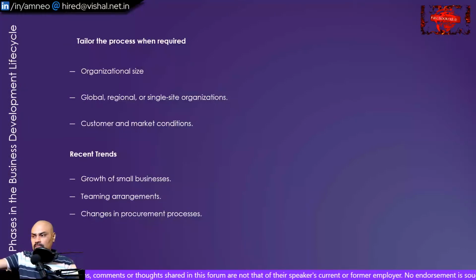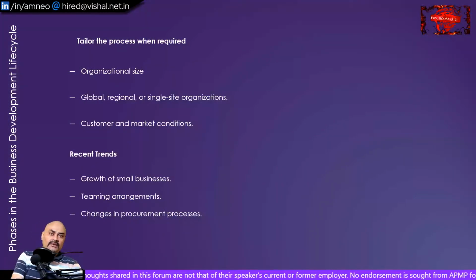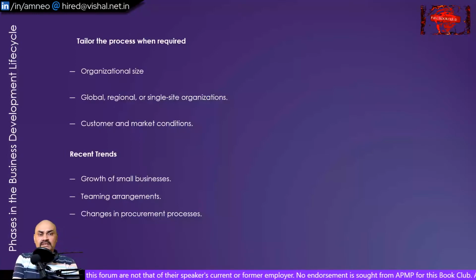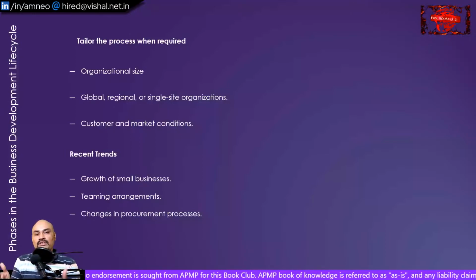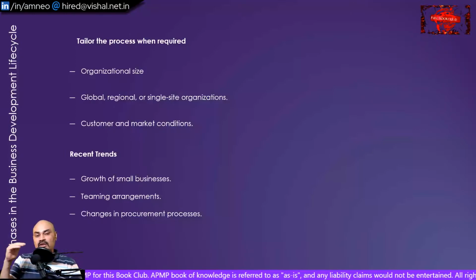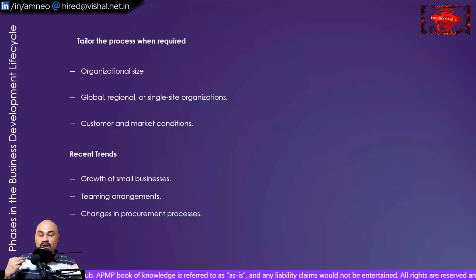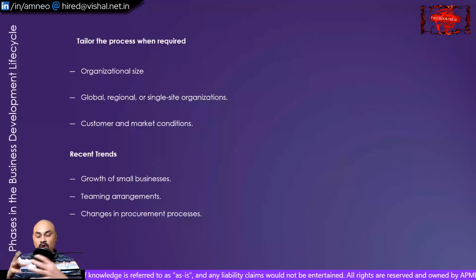Now you can tailor the process. As far as the APMP Book of Knowledge is concerned, it's not hard and fast, and it does not say that it's a standard, that you have to do this. What it is saying is that these are the best practices, these are the core knowledge areas, and you can work around them.